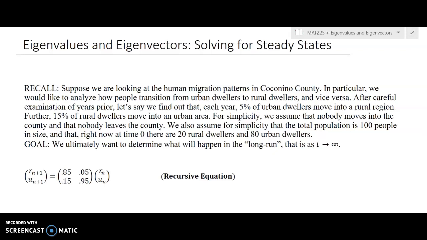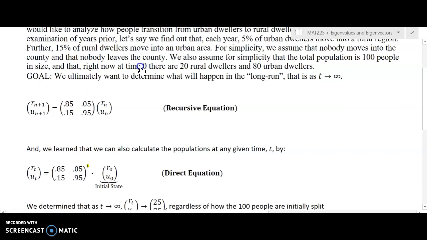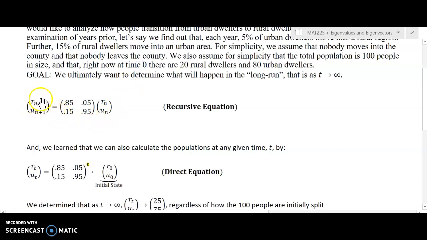So what we did first was we formulated a recursive equation where we determined that to get the number of people in the rural and urban settings one time unit later, we had to take the current states.